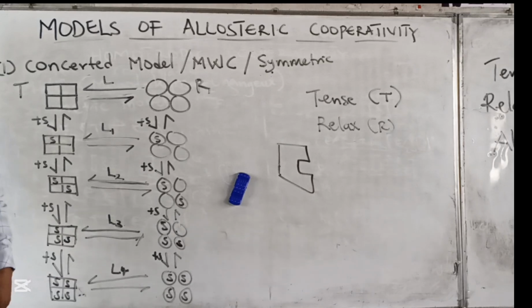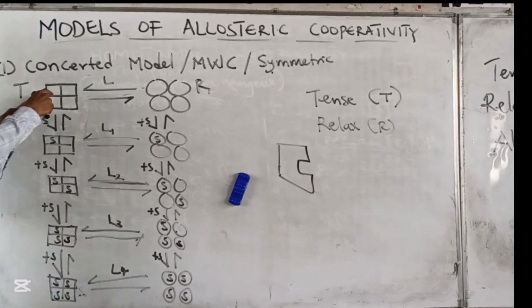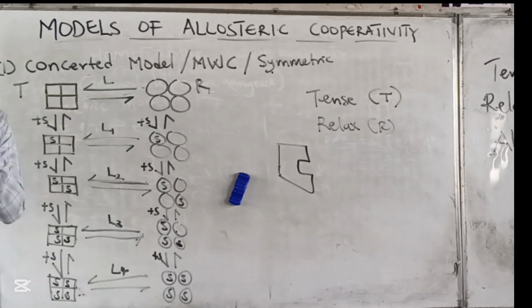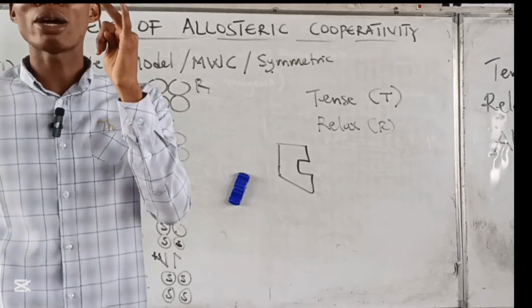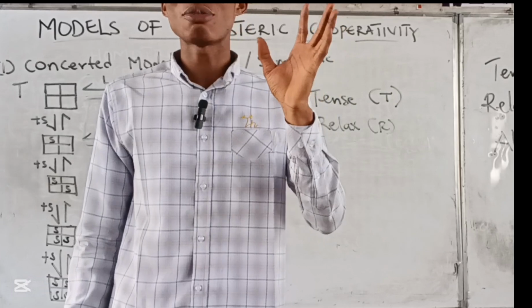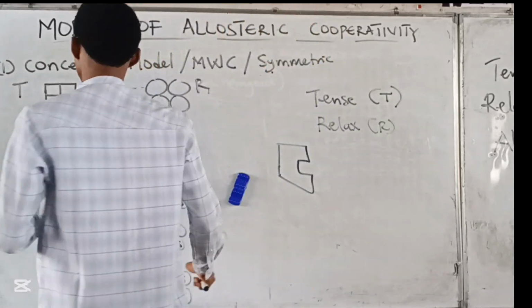So listen up. This is the protein, and this protein has 4 binding sites. How many binding sites does this protein have? So do you call it a monomeric, dimeric, trimeric, or tetrameric protein? Tetrameric, right? Because it has 4 binding sites.